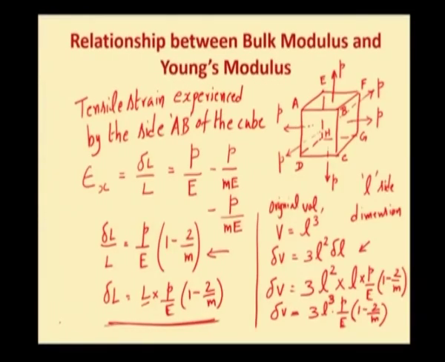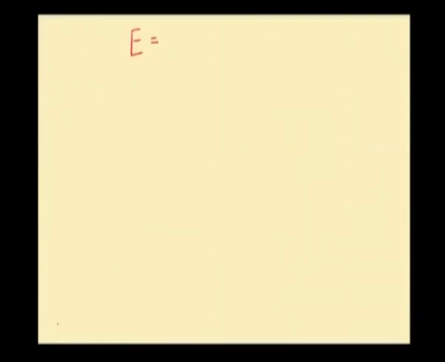We shall take the modulus of elasticity E to the left hand side and bring delta V to the right hand side. So, we will be getting E equal to 3 L cube divided by delta V into small p into 1 minus 2 by M. L cube is the original volume of the cube.